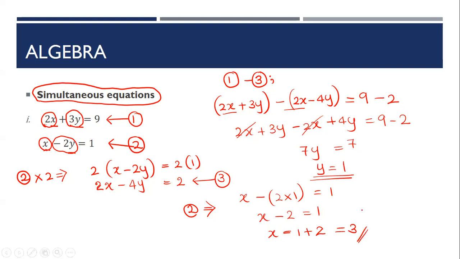So finally we are getting the answers. Our unknown x value is 3 and our y value is 1. Yes, likewise we can find the x value and y value in these simultaneous equations.